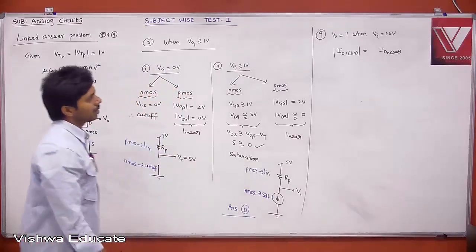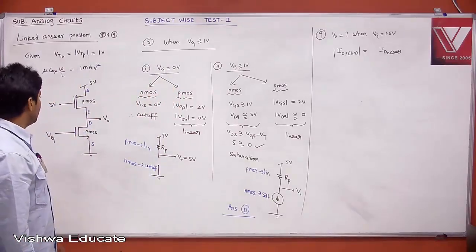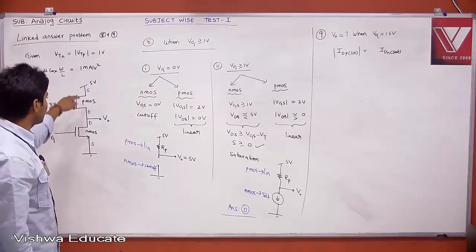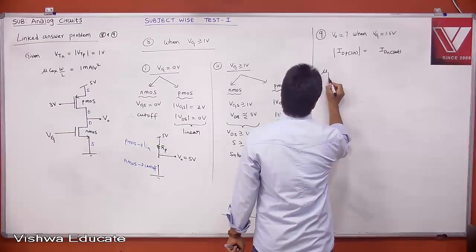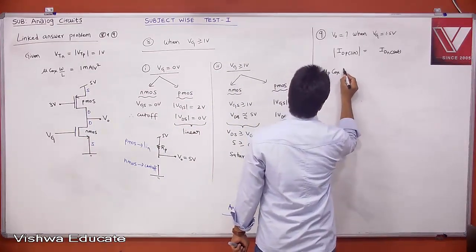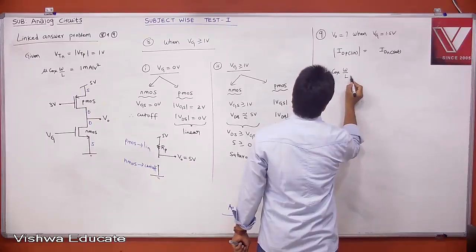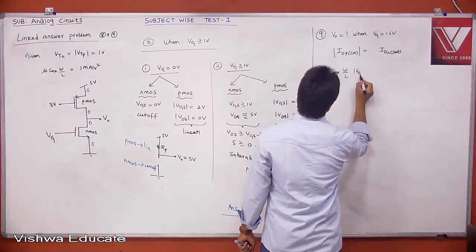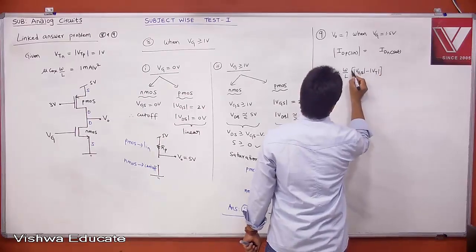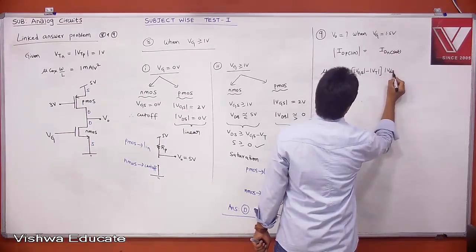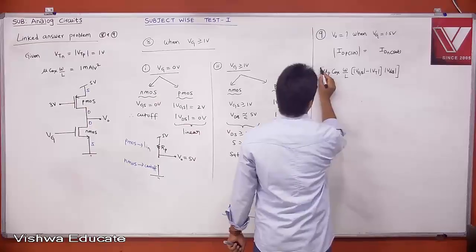Therefore, what is ID linear of your PMOS? It is nothing but mu p Cox W by L into (mod VGS minus mod VT) into mod VDS. This is for PMOS.